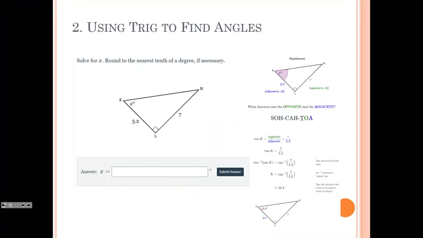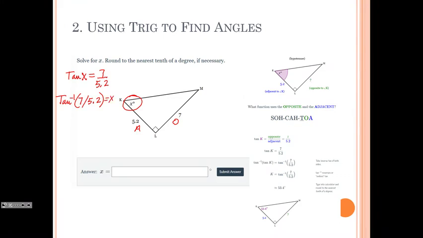Okay, here we go. We've got this one. They want you to find this. So we've got opposite and adjacent. What is that? Tangent. So tangent of x equals 7 over 5.2. We need tangent negative 1 of 7 divided by 5.2 to give us x.